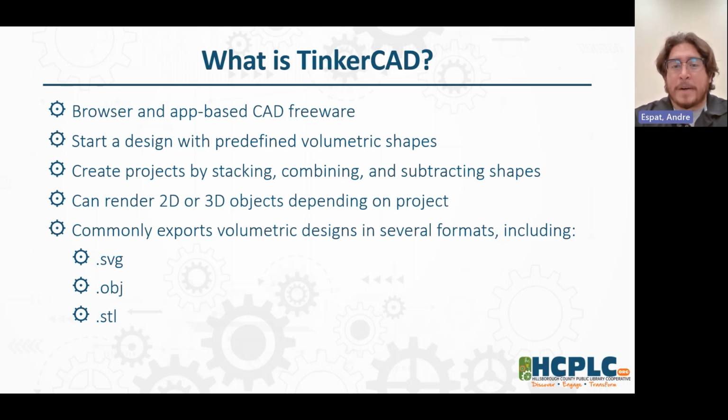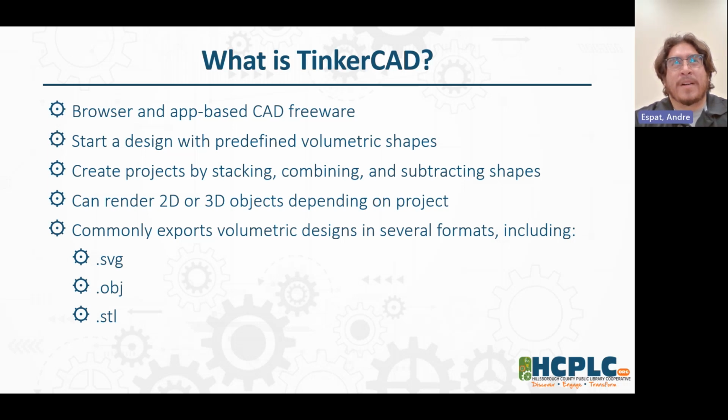And finally, whenever you work with Tinkercad, if you're exporting or saving anything, typically it's going to export into one of 3 different files, and those are SVG, .obj, and .stl. SVGs are more specific to the 2D renders.